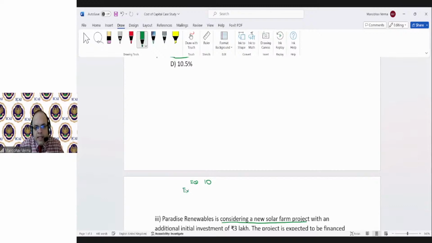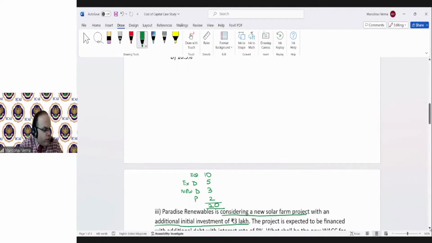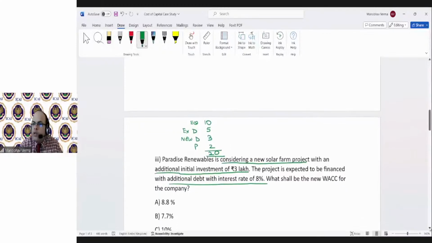We have existing debt of 5 lakhs. We have a new debt coming in for 3 lakhs, and my preference remains at 2. So my total capital now is 20 lakhs. So make sure we take that into account.